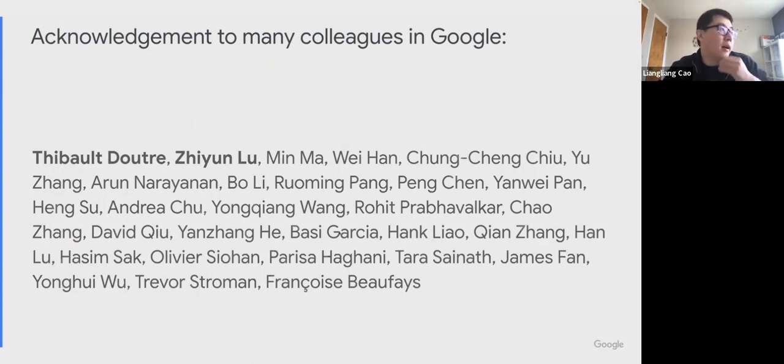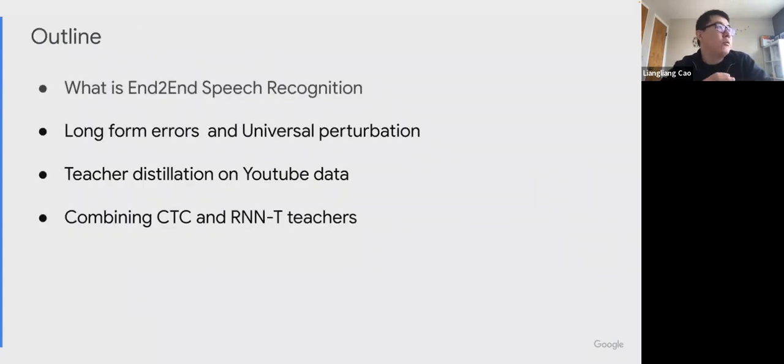Among them, 3 papers I mention today are first authored by T-Bot and Zhiyun in my team. And we also have close collaboration with many fantastic colleagues in Google Speech, Google Brain, Google Research, etc., and Google Cloud.